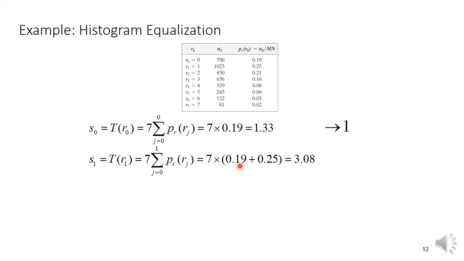So after summation of these two values we get 0.19 plus 0.25, and this 0.25, you can see, is the value we get for r1 after applying this function. So 0.25 plus 0.19 multiplied by 7 becomes 3.08. Again we need a discrete value, so we convert 3.08 and it becomes 3.